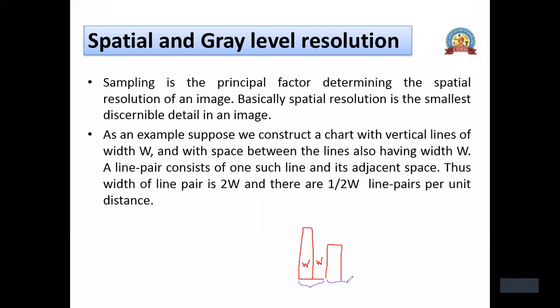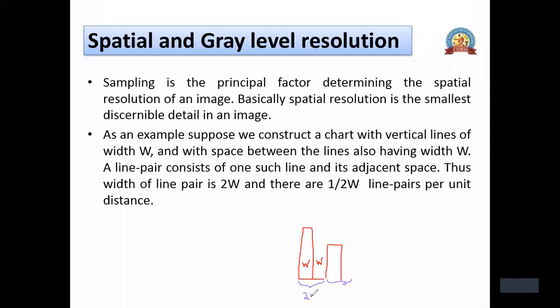Every line will have a space associated with it, so there will be line pairs. We are saying the line is of width w, and the space is also of width w. So we have one line pair in each 2w.